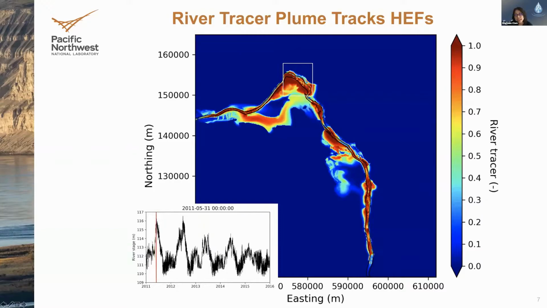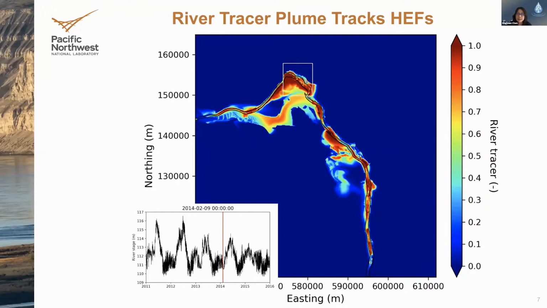And you can also see how these zones of influence change over time, driven by the river stage, regulated by the dam upstream. You can also see that the heterogeneity plays a very significant role in controlling where the river prefers to go.